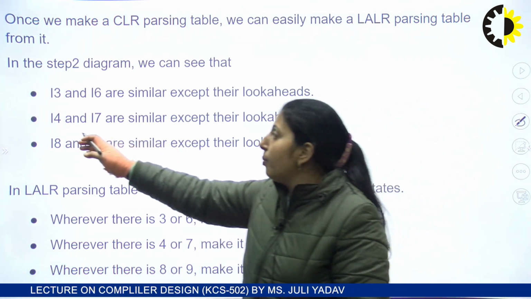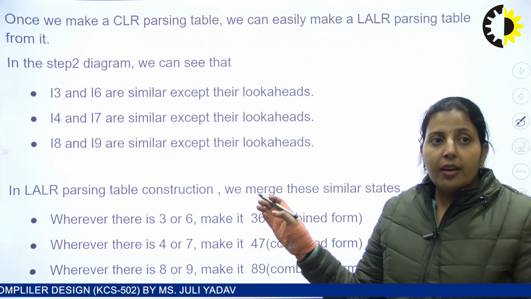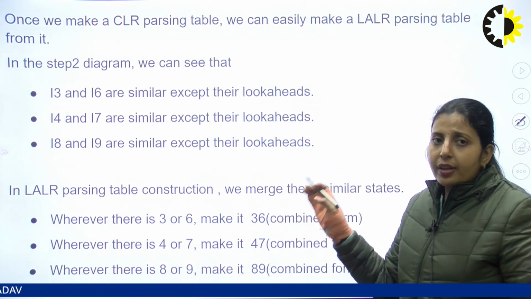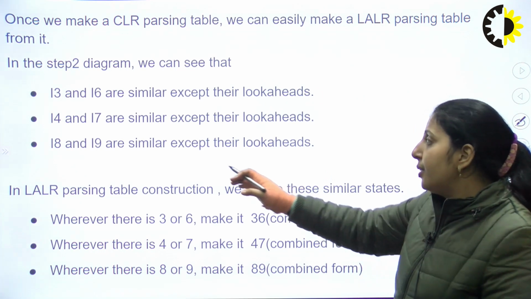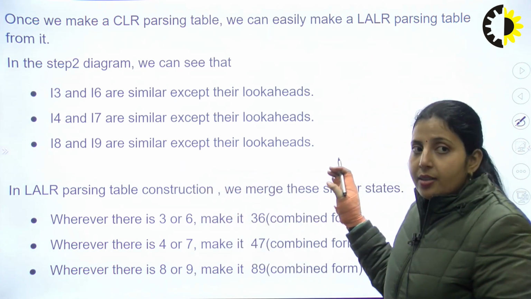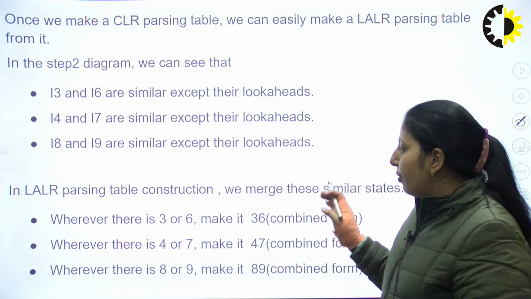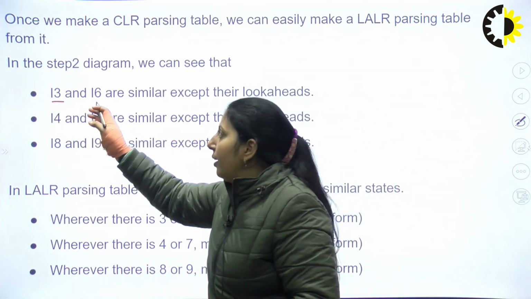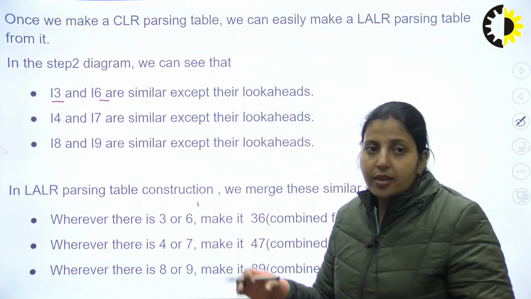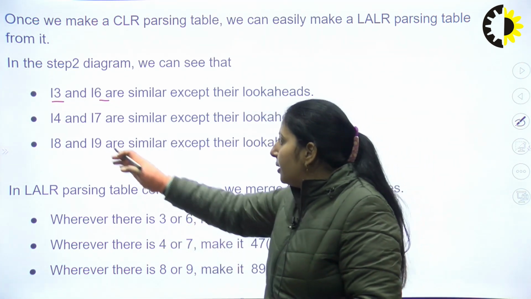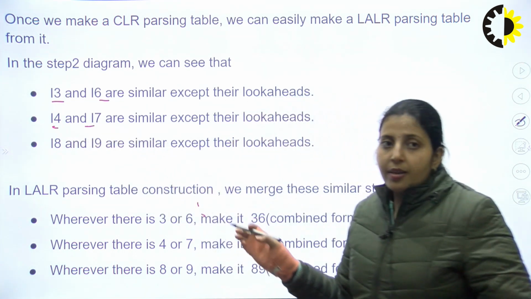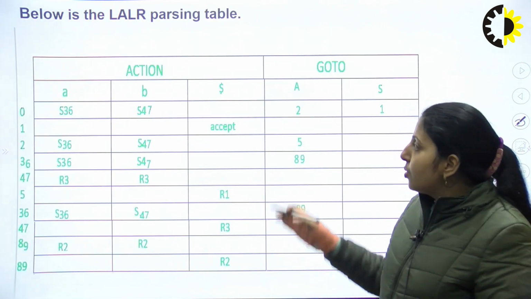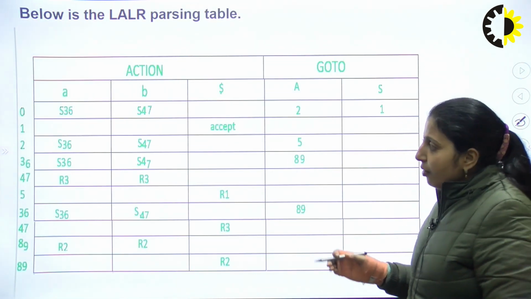In the same way, items I4 and I7 are similar, only their lookaheads are different. In the same way, I8 and I9 are similar. So we can combine those states: I3 and I6 we combine to make another state I36, I4 and I7 we combine, and I8 and I9 we combine.